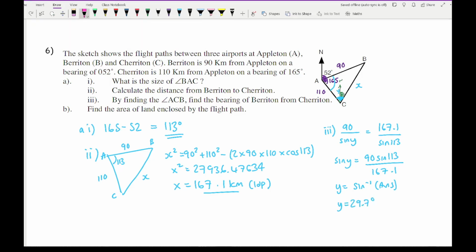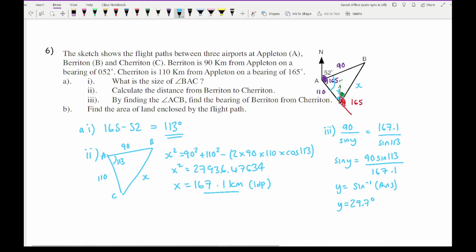Now going back to the diagram, it's asking me to work out the bearing of Berriton to Cheriton, which is this green angle here. And let me just emphasize that angle there, which is what I'm trying to find. And what we found is that that blue angle there is 29.7 degrees. So if I extend this line here, now this angle here is going to be corresponding to that purple angle, and that angle there is 165.